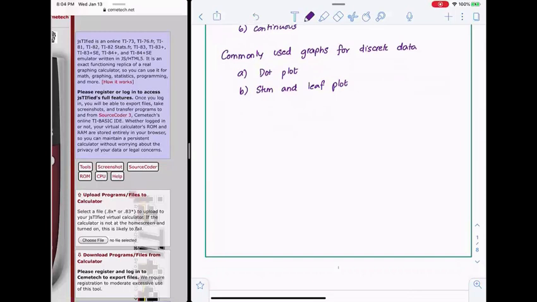When we have continuous data, we typically use a histogram or we use a box whisker plot.